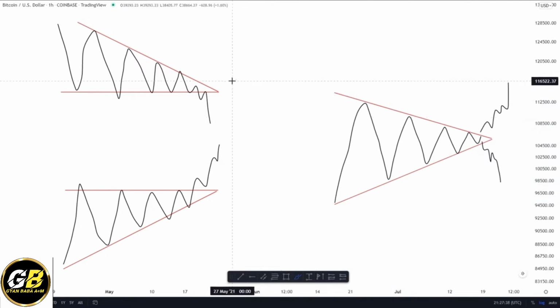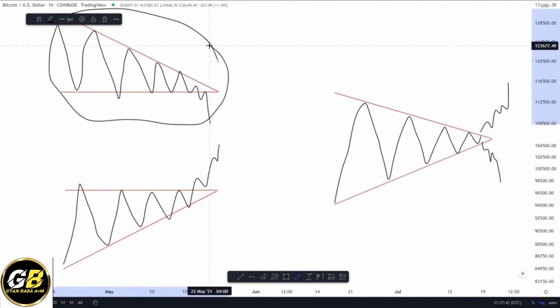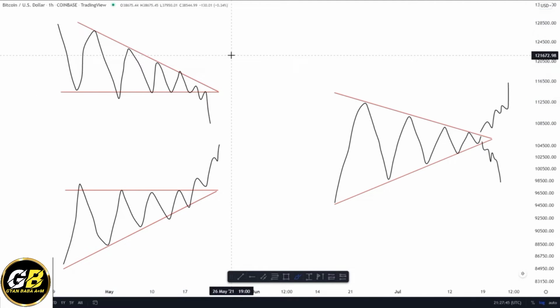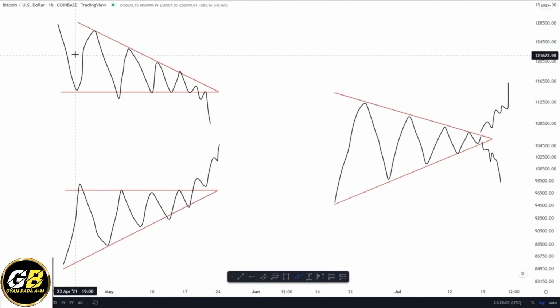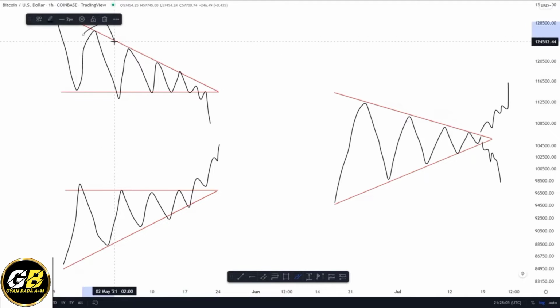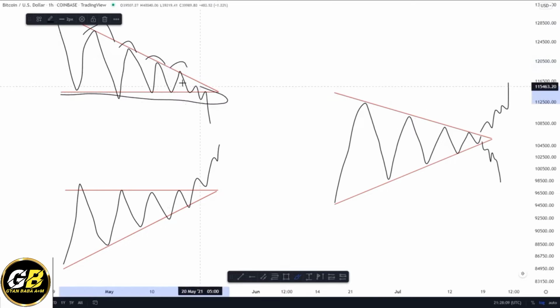So then we come over here to the actual bias triangles, right? And these are seen as continuation patterns. That's important because continuation patterns are going to be a higher hit rate trading style than something like a reversal pattern, right? So over here we have a descending triangle, simply meaning that we're finding lower highs and for the most part pretty equal lows, right?